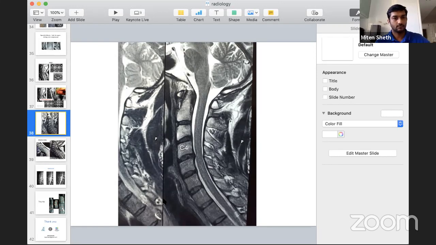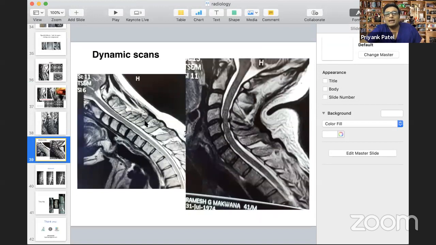So whenever you see a patient with profound clinical symptoms but the MRI not showing that bad, is when you start thinking that the patient has some dynamic problem. So where you have the machine and the luxury, you get a dynamic MRI done, which can show increase in compression on extension or flexion. If you don't have that, then you do a flexion extension X-ray. And if the flexion extension X-ray shows additional movement at that level in question, then it correlates that there is a dynamic problem.